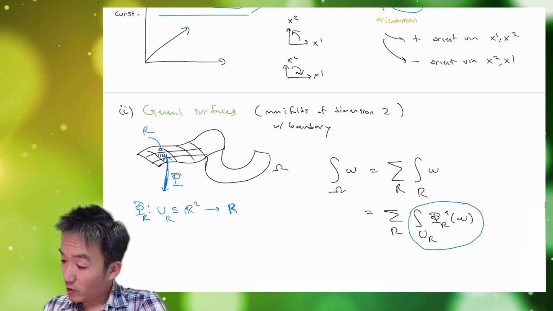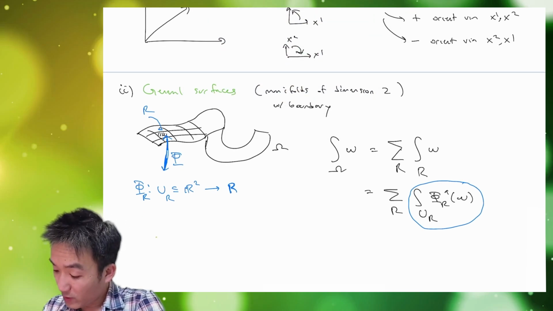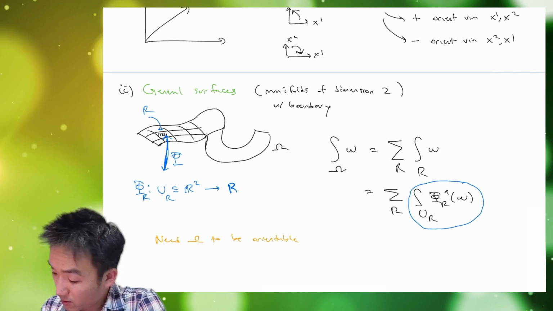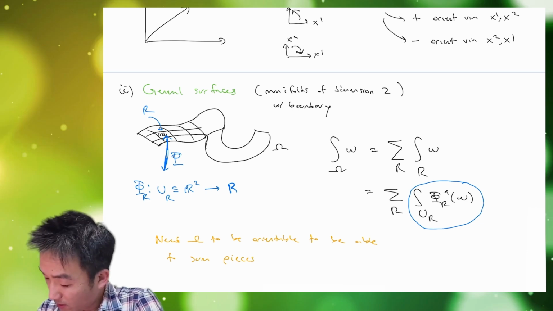And returning back to the issue of orientation, right? So we need sigma to be what's called orientable to be able to sum pieces with consistent choice of sign.